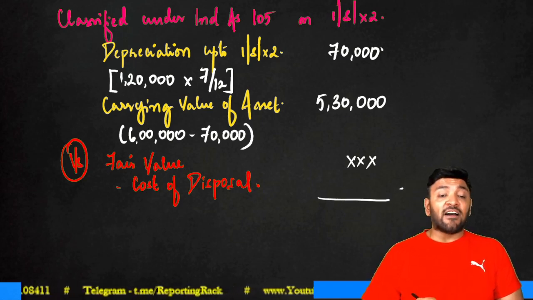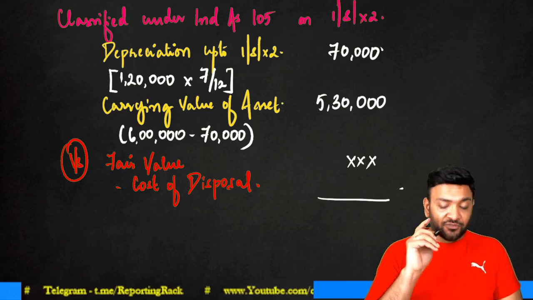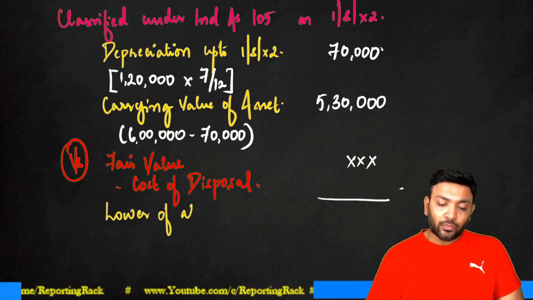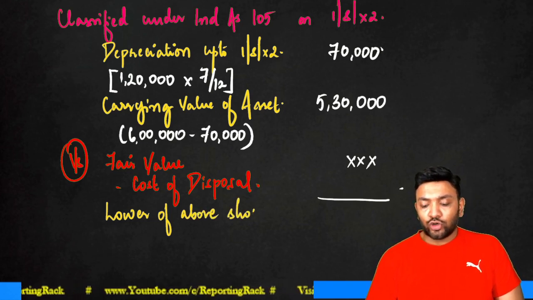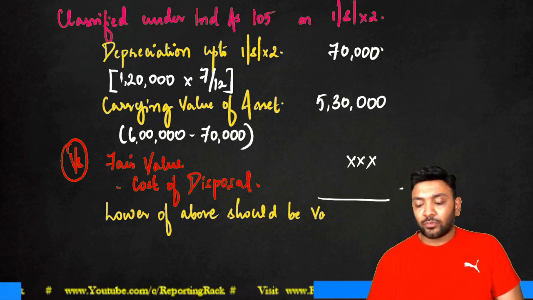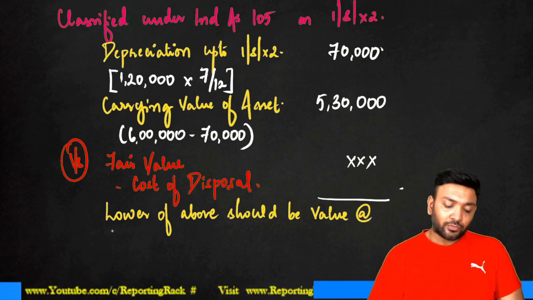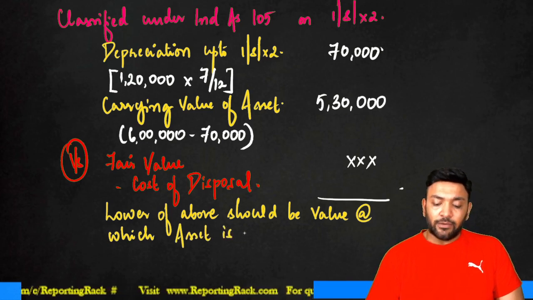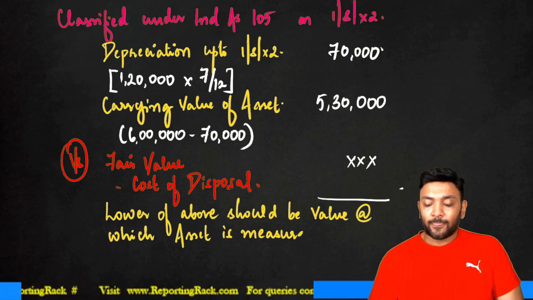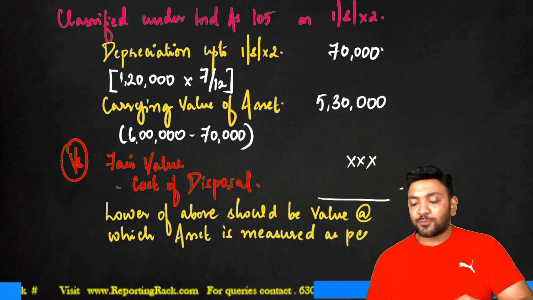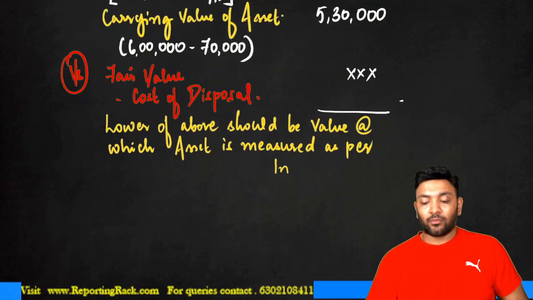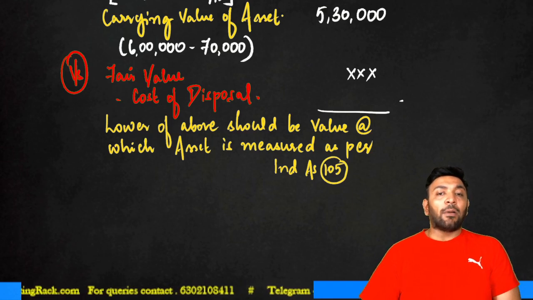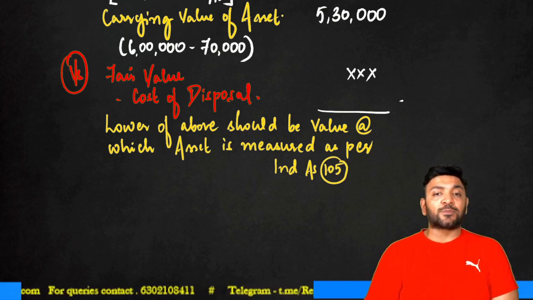Lower of these two values should be the value at which the asset should be measured as per IND AS 105.